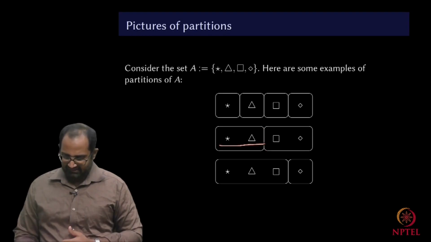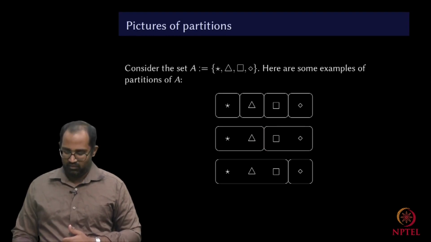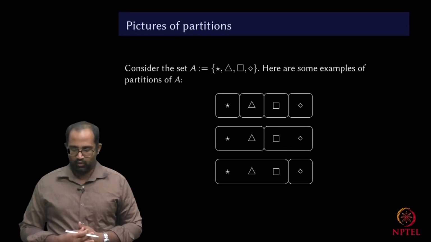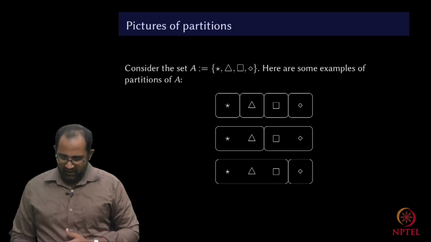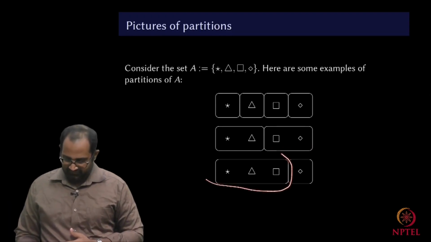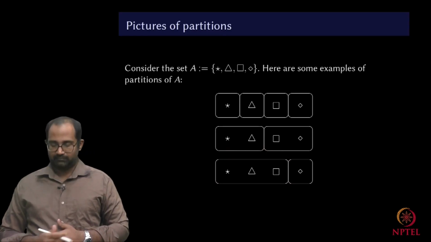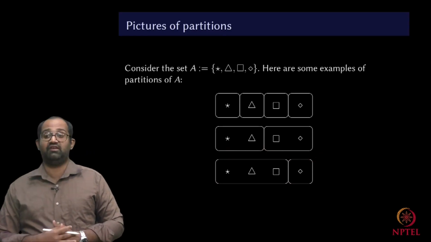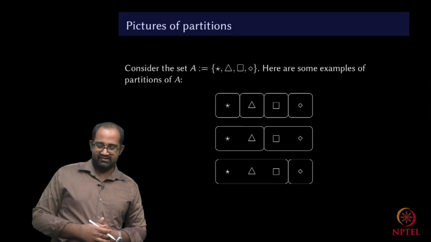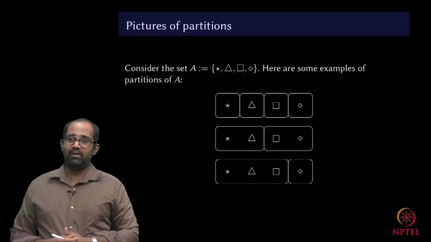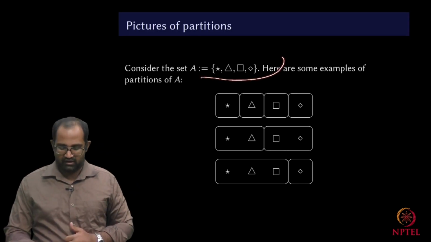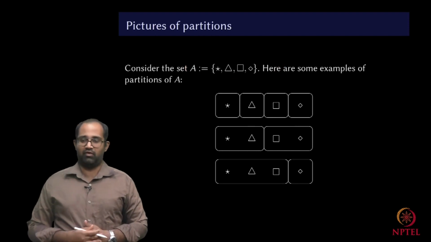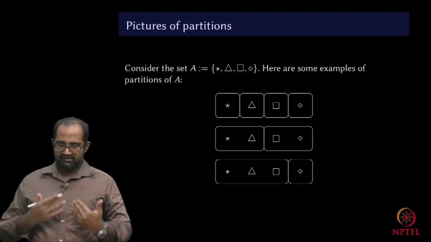The first piece has star, triangle, and the second one has square and diamond. In the third one, you are breaking it with the first piece having 3 elements and the last piece just a single element. It is an interesting exercise to figure out how many partitions of a 4 element set are possible. Think about that for a while. It's a lot of fun.